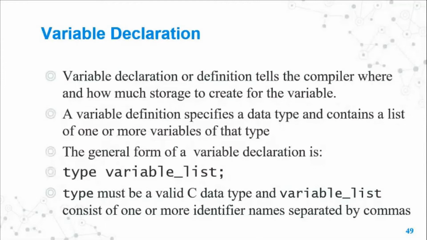Now variable declaration. How will we declare a particular variable, that is, how is a particular identifier given as a variable? A variable declaration or definition tells the compiler where and how much storage to create for the variable.